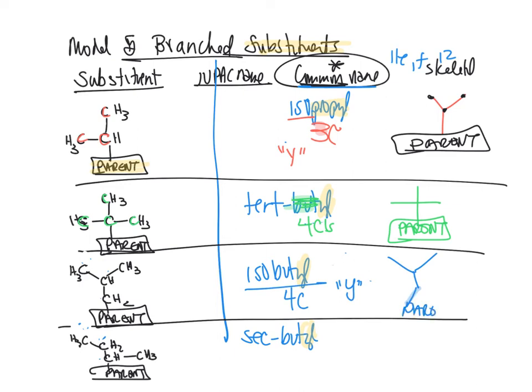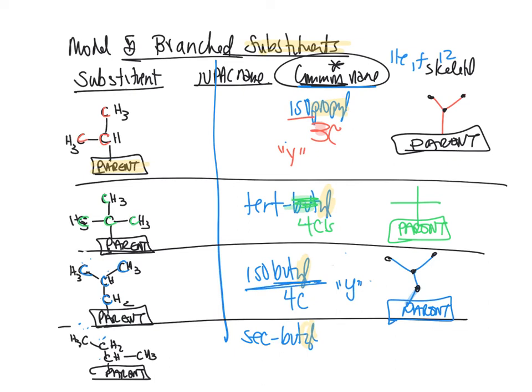So here's your parent, and you can see you have 1, 2, 3, 4. There's your butyl, but it makes a Y. You see how it's a Y? So iso.